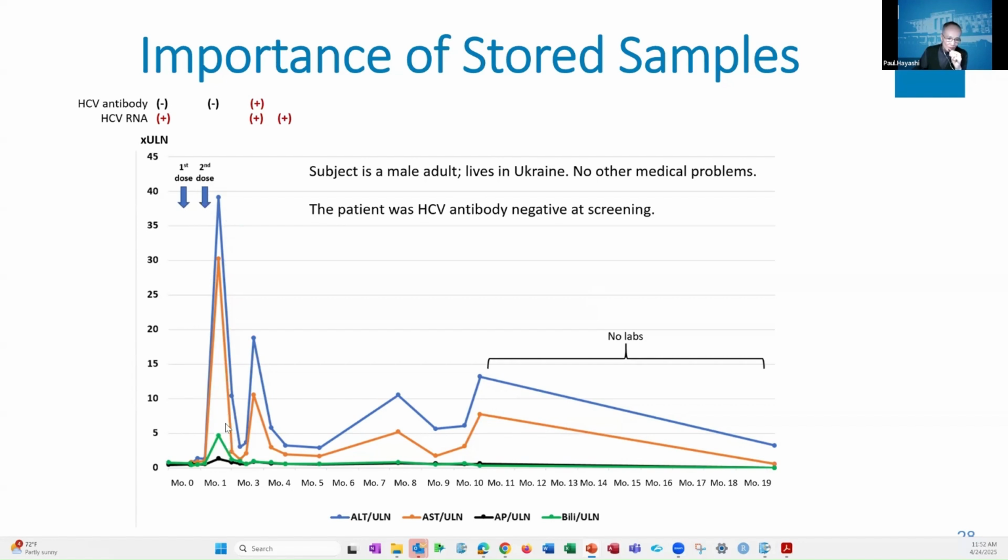He had these elevations in ALT and AST, and he became jaundiced, bilirubin up to 5. So he met Hy's Law. It was a little unclear to us because we knew a little bit about this drug that was in trials, and it's unusual for it to cause hepatocellular injury.